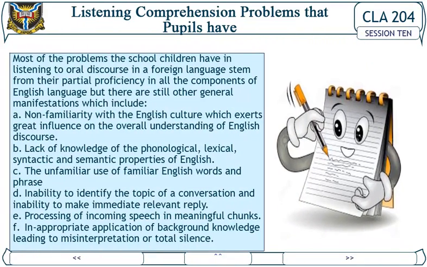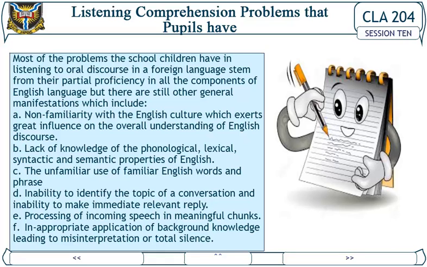Listening comprehension problems that people have. Most of the problems the school children have in listening to oral discourse in a foreign language stem from their partial proficiency in all the components of the English language, but there are still other general manifestations which include: A. Non-familiarity with the English culture, which exerts great influence on the overall understanding of English discourse.